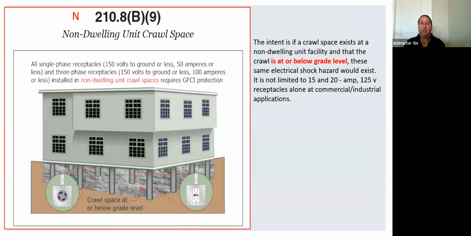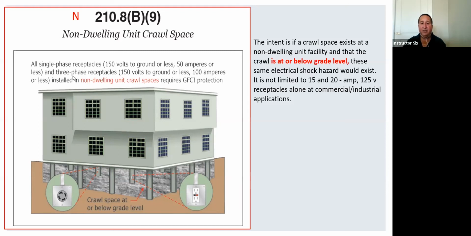Other than dwellings, in a crawl space, now you need, again, GFCI protection in a crawl space. Okay, so that's very important. Up to 100 amps or less, and also 150 volts to ground also.